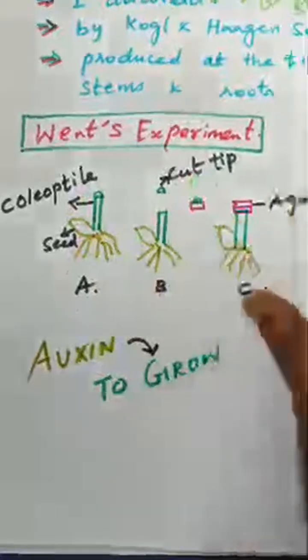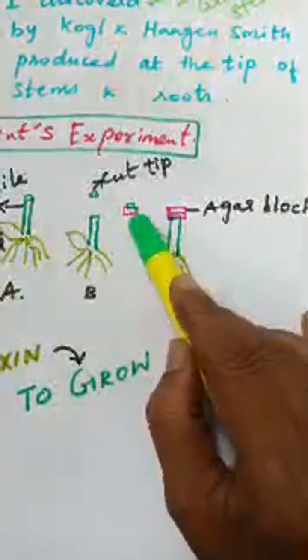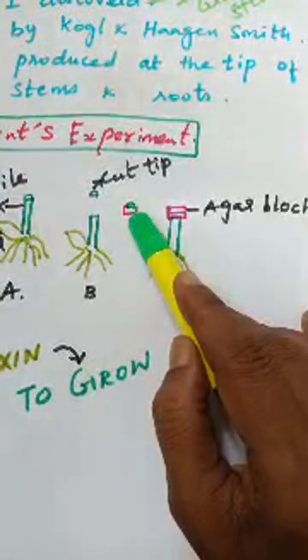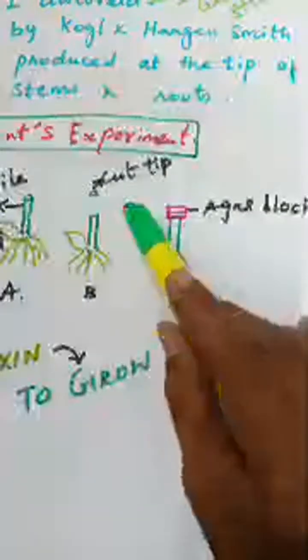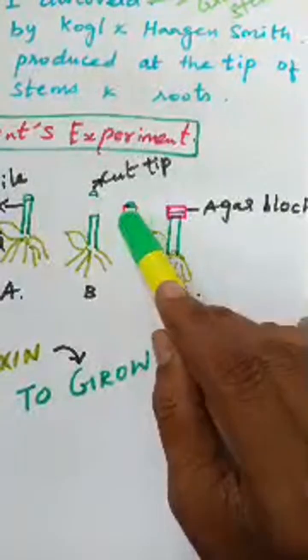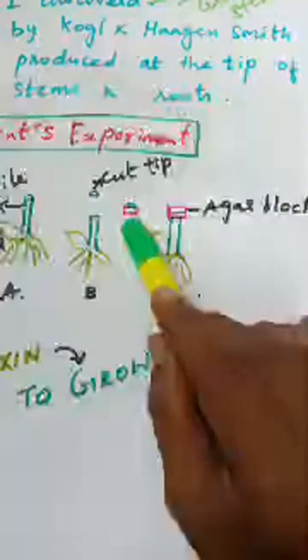Next, he placed it on an agar block. Agar is a block used in plant as well as animal laboratories. It is produced artificially and is also naturally available.